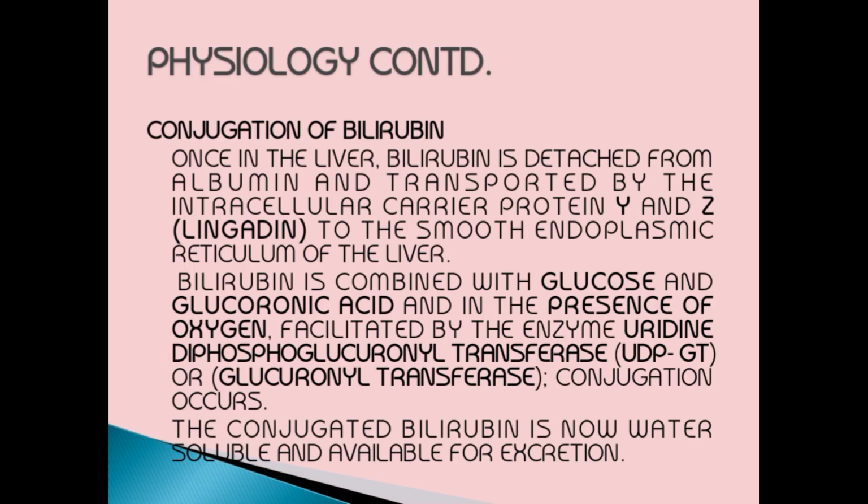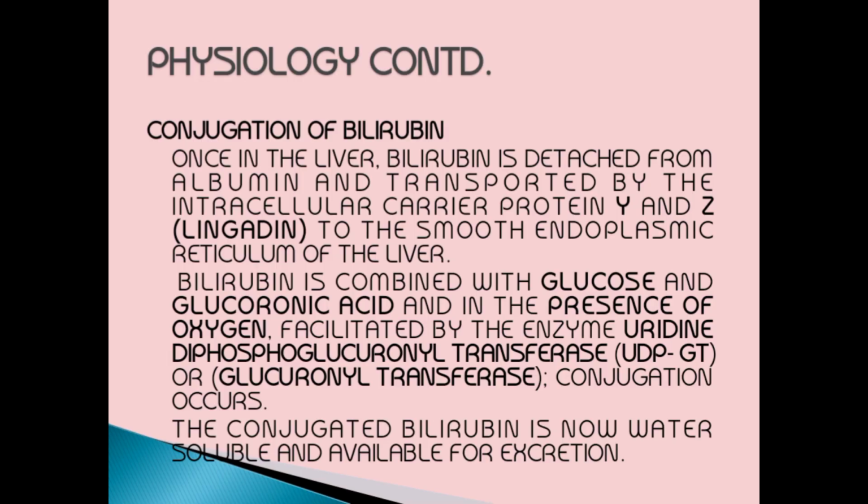Now at this point we are going to find glucuronic acid, and oxygen will be there, and also the enzyme UDP-GT, or glucuronyl transferase, which will cause the unconjugated bilirubin to be conjugated from fat soluble to water soluble.